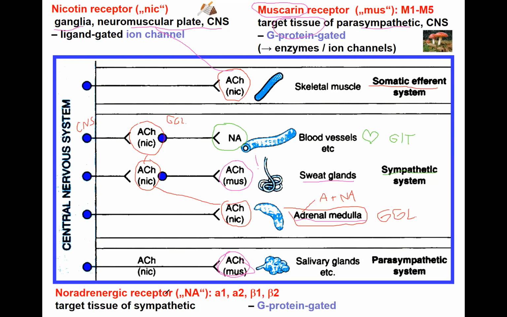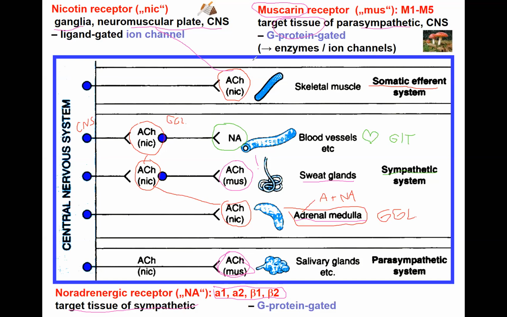Then we have noradrenergic receptors, and we have four kinds of them: alpha 1, alpha 2, beta 1, beta 2, and they are target tissues of the sympathetic system. If you learn this, you will use it in physiology, pathophysiology, pharmacology. You will use this in your life as well.